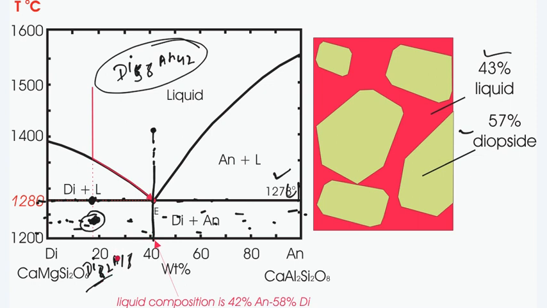Here anorthite has a lower value, anorthite 18. So when it reaches the eutectic line, dioxide will partially melt, anorthite will completely melt. Then we will get a liquid with composition dioxide 58, anorthite 42. It will melt isothermally until the liquid composition of dioxide 58, anorthite 42 is reached. So your liquid will be here.